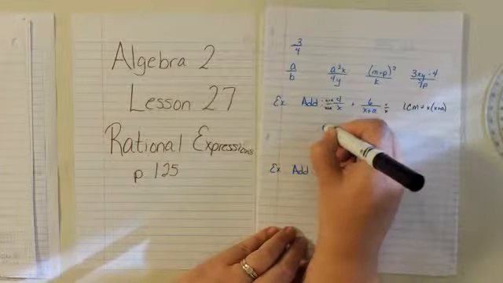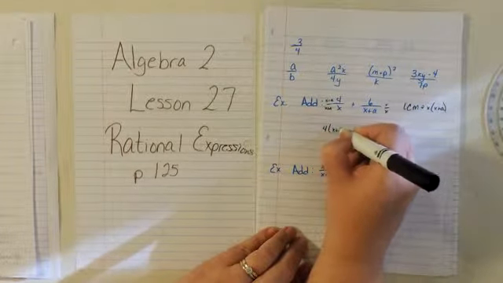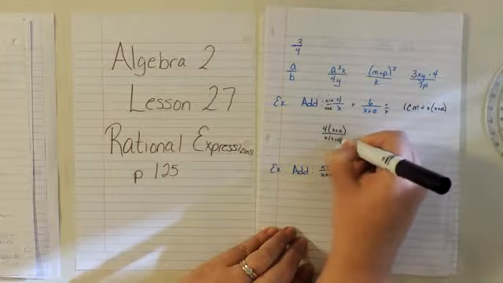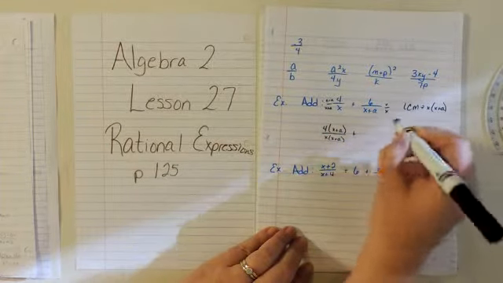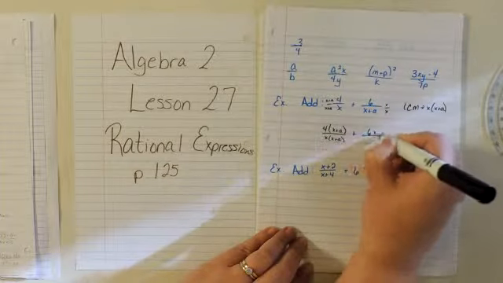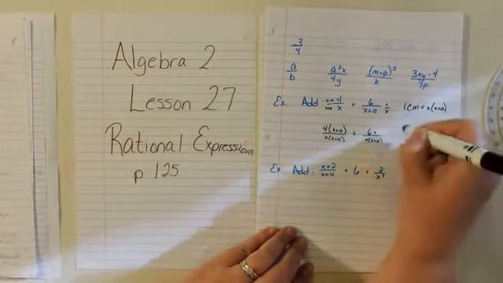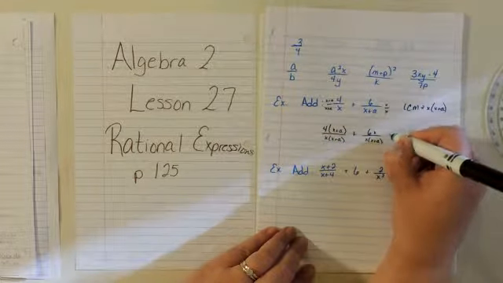So we have 4 times (x plus a) all over x times (x plus a) plus 6 times x all over x times (x plus a). Now we can add the numerators.